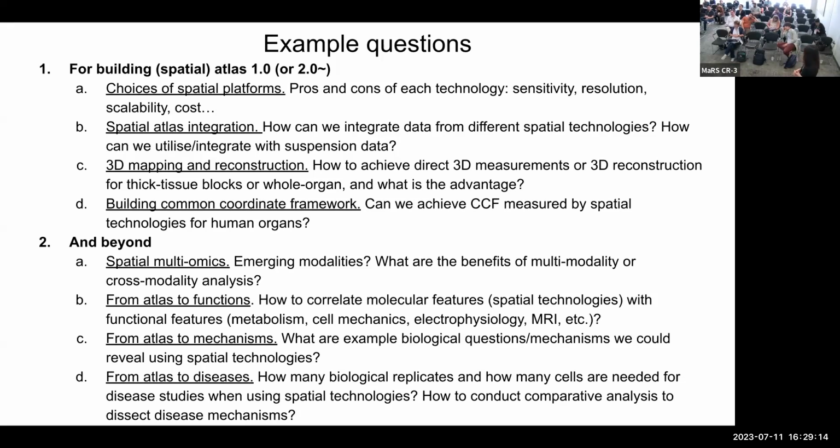There are also choices of a selected gene panel or whole transcriptome, and also probably you care about the general sensitivity and whether they are compatible with other imaging modalities. So probably with that, we start with the choice of a spatial platform. And if you have any questions or comments, please just raise your hands or stand up.